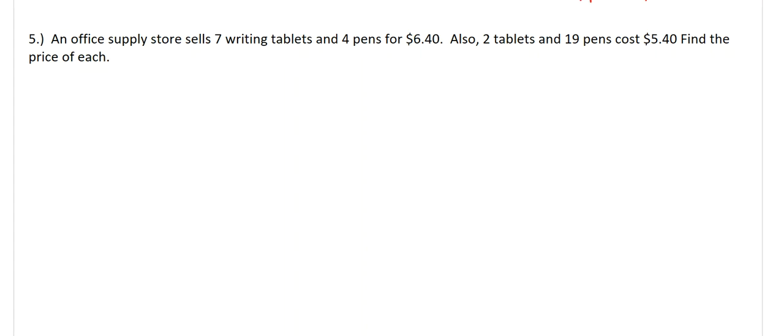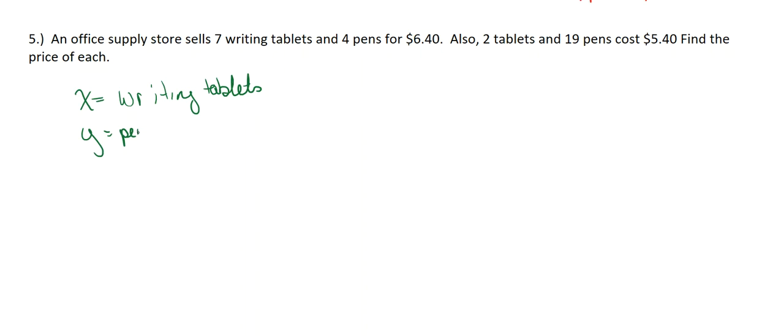So again, price of each, that implies what we're trying to find. So x is our writing tablets. y is the pens. And again, we're finding the price. I should put that in, the price of pens.